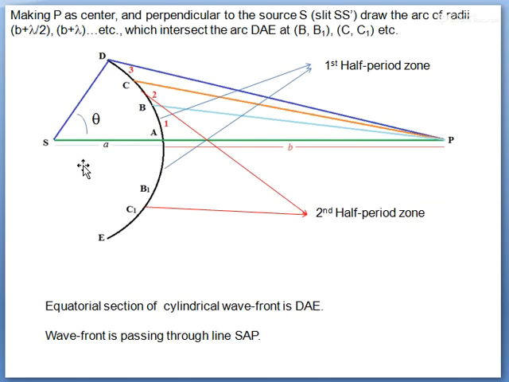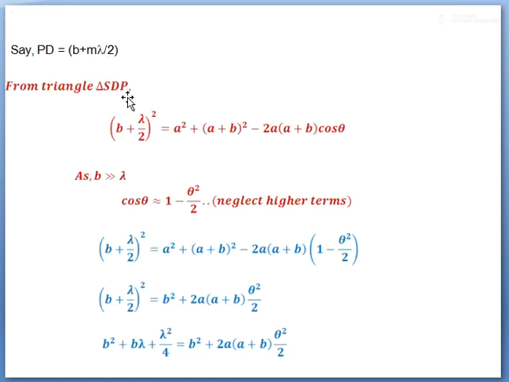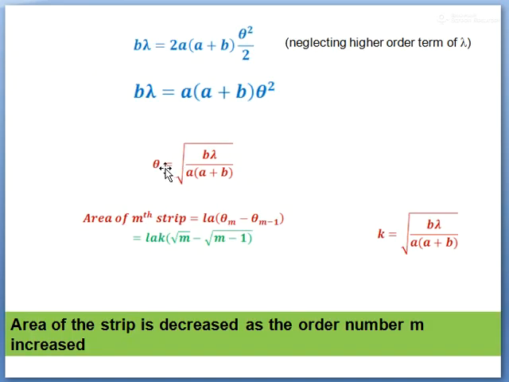এখন যদি আমি এই সার্কেলটা অ্যাকর্ডিং টু দিস নিতাম SDP নিতাম তাহলে lambda এর জায়গাতে b plus m lambda by 2 হতো, রাইট? এখানে b plus m lambda by 2, so this will be m lambda by 2, right? At the last term this will be theta m into b lambda divided by a into a plus b, okay, right?